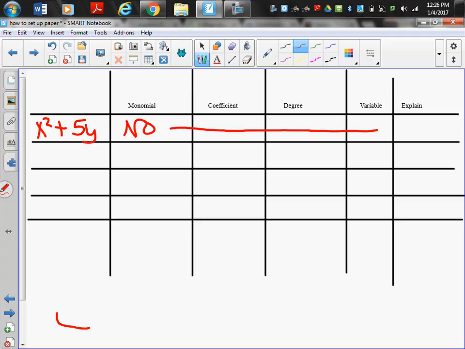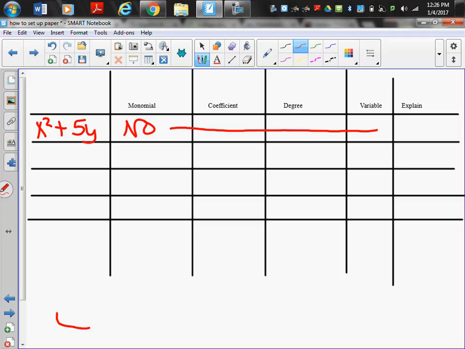It can't be one piece, a plus sign, a minus sign, and another piece. So remember, monomial is multiplication only. Is that a binomial? That would be a binomial.